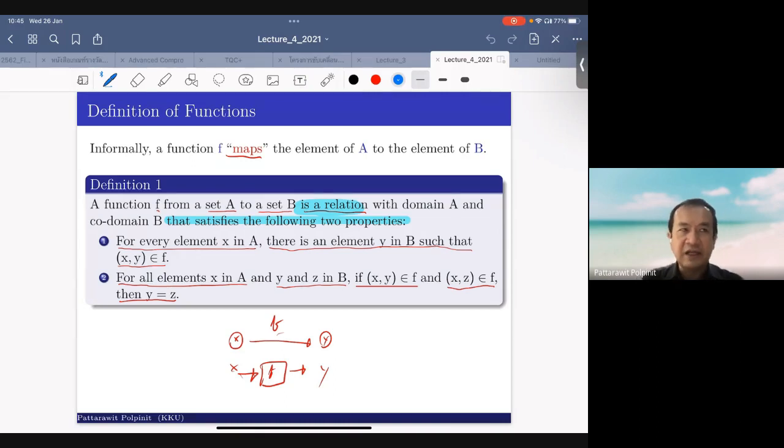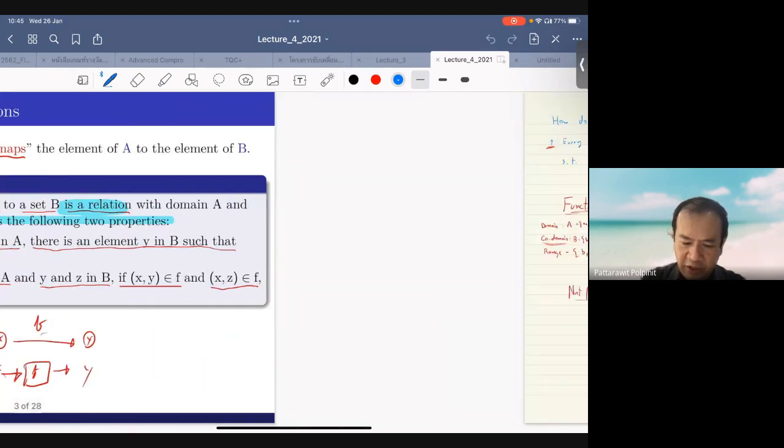And the second one is that every element in the domain has to have only one relation to a member in the codomain. Which we have discussed.